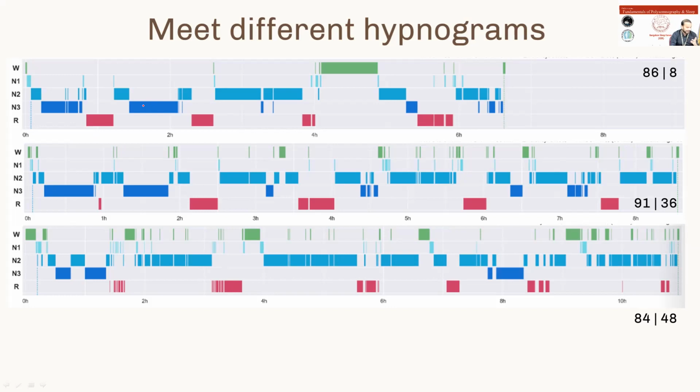Or do you call that a better sleep, right? So there are many aspects which are not taken into consideration in the way we assess hypnograms. And this is really of concern when we want to understand sleep in the so-called normal people.